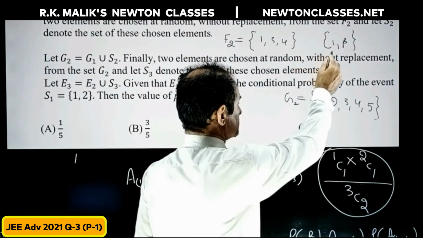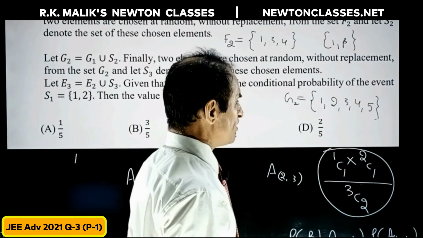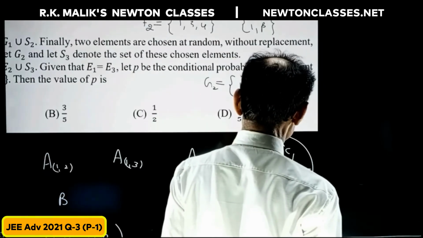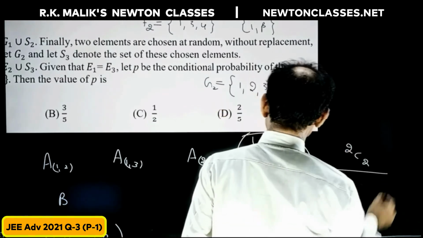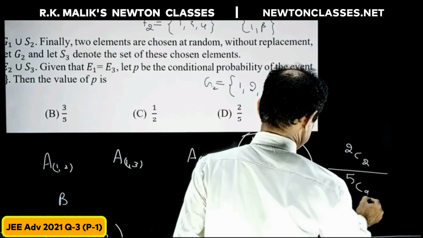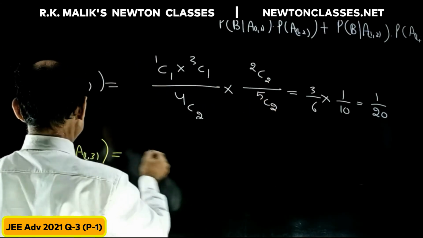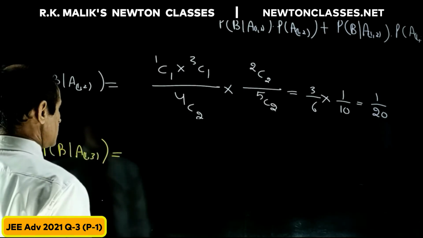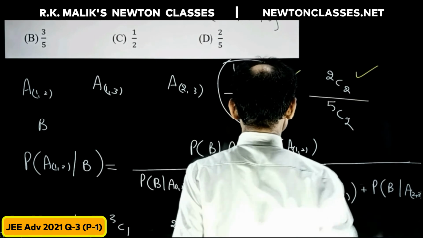And after this step, from G2, the probability that 1, 3 will come out is 2C2 upon 5C2. And just like in the previous case, the probability of this will become the product of this and this.